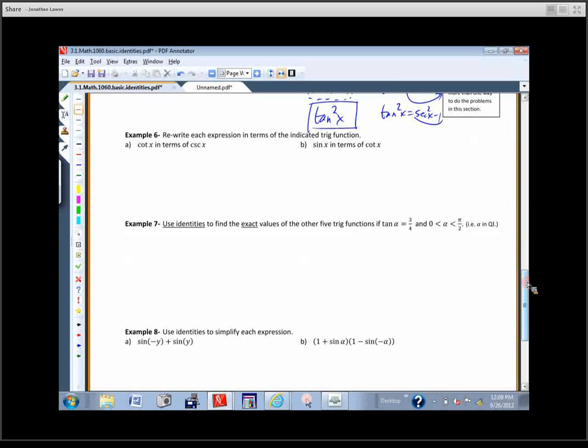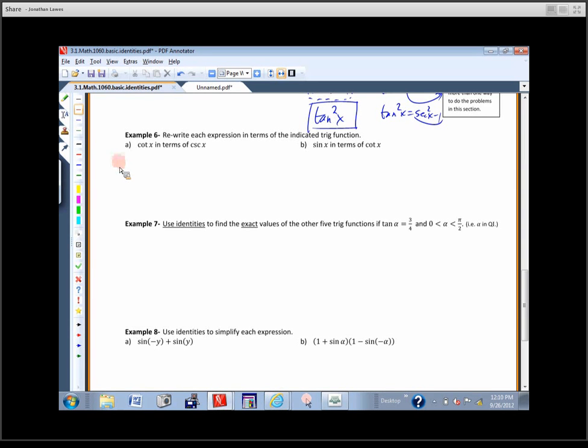Okay, then it says, rewrite each expression in terms of the indicated trig function. So we want to write cotangent in terms of cosecant. I want to start with a cotangent and I want to turn it into a cosecant. So only cosecant. Can you think of any of the identities that involve the two of these? Didn't we just get done saying, isn't there a Pythagorean identity that relates cotangent and cosecant?